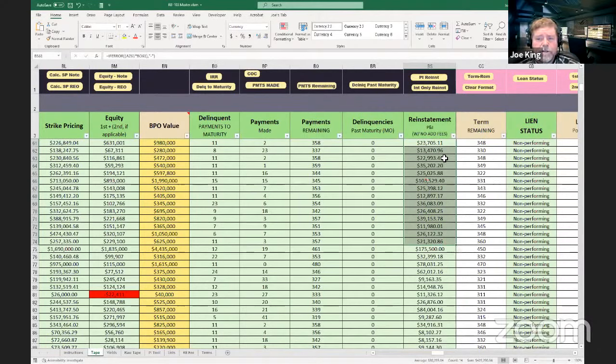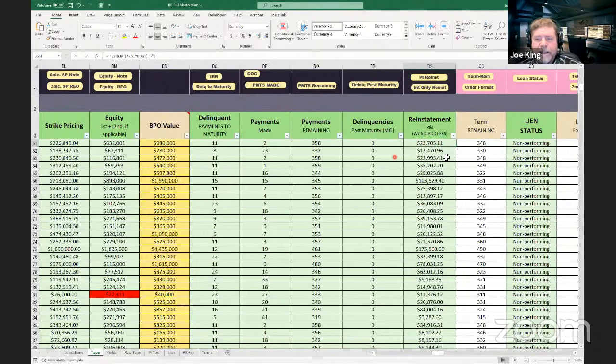And this is very important too, because when I look at 2 payments made here, and we know that the borrower doesn't really have any emotional tie to this property, they could walk away in a second and not really care about it. But if they have equity in it, in this case, they have $631,000 of equity in it, which is a lot of money, and their reinstatement amount is $23,000.